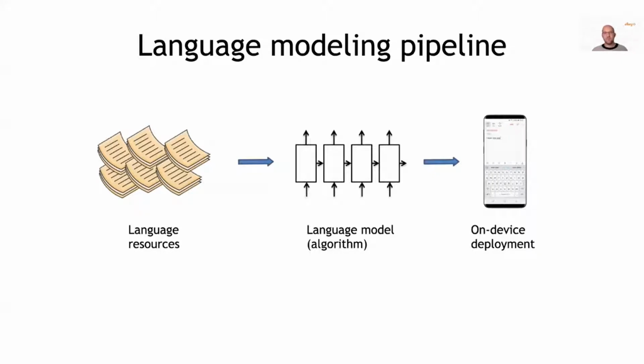And then you need to package your language model in a keyboard engine, which will be deployed on device. And at each step, you need to evaluate whether you're doing a good job or not. So we will now take a look at each of these steps and see what are the challenges involved.